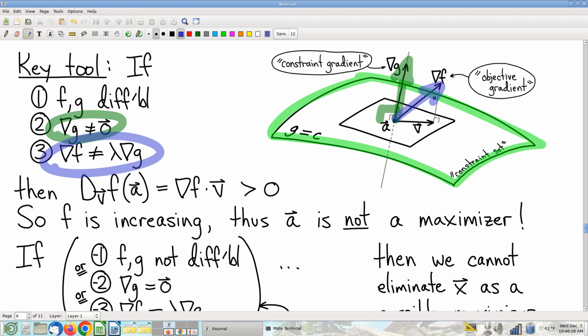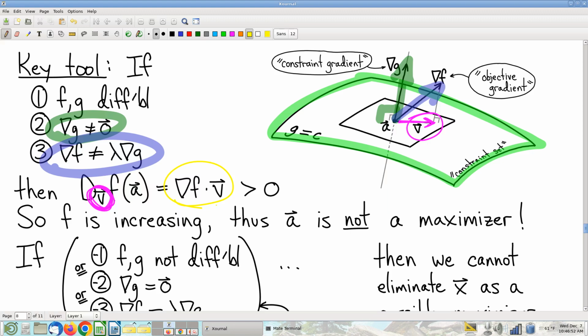Here's the big trick then. If it's not perpendicular, then it's going to have a shadow down here, a projection into that tangent plane, which I'm going to call v. And let's look at the directional derivative in that direction. We have a formula for how to compute directional derivatives. Here it is: gradient dot v. Look at the picture.